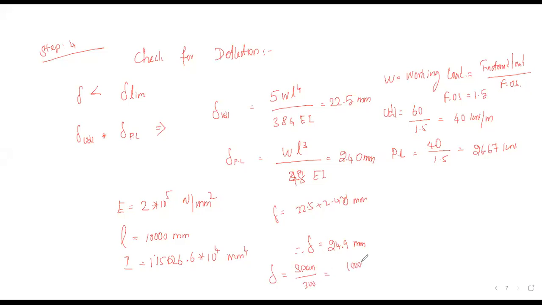So span is 10,000 divided by 300, which becomes 33.33 mm. So delta is 24.9 and the limiting value is 33.33 mm. Hence the deflection is within the safe criteria, hence safe in deflection also.